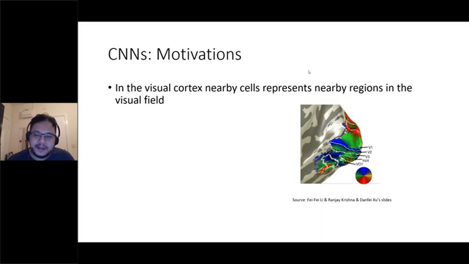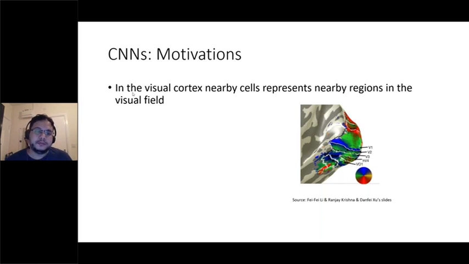Thank you. So to continue, convolutional networks are actually inspired by biological systems, by how our visual system works.